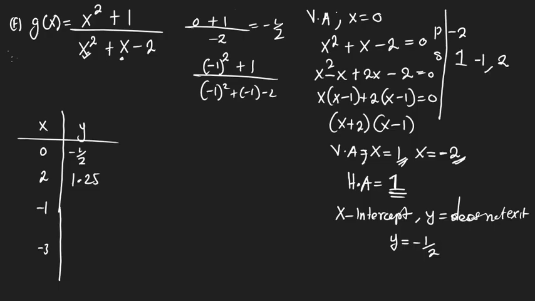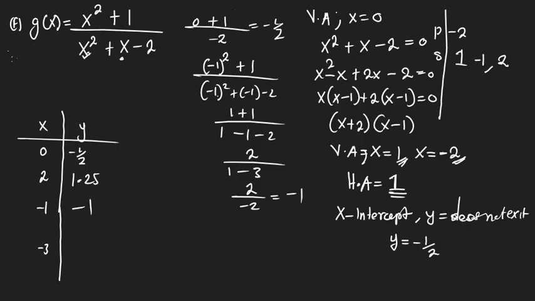This is going to be negative 1 to the power 2 is 1, plus 1 on top. On the bottom this is 1 minus 1 minus 2. So on top this is 2, then on the bottom this is 1 minus 3, which is negative 2. This will be negative 1. So here I'm getting negative 1.